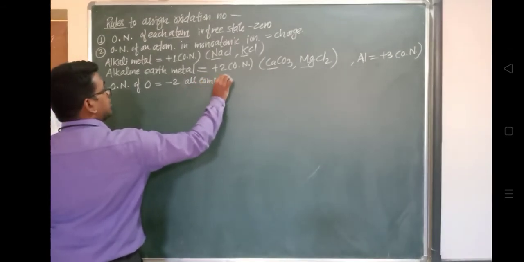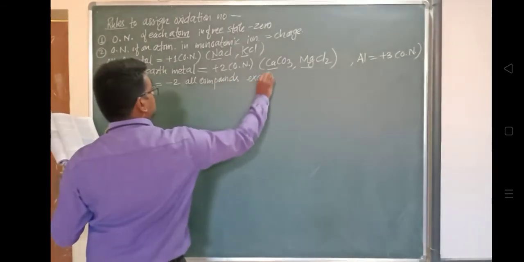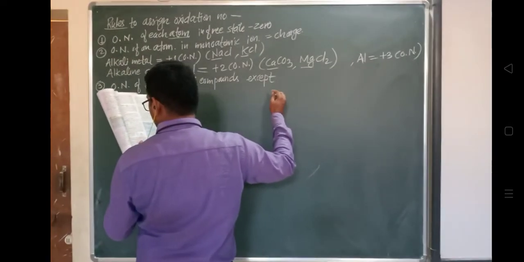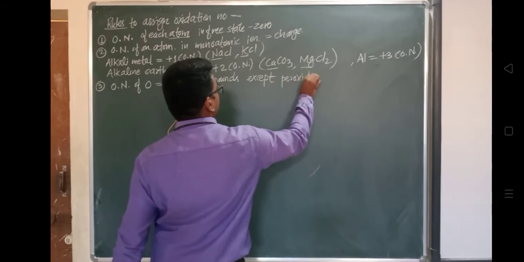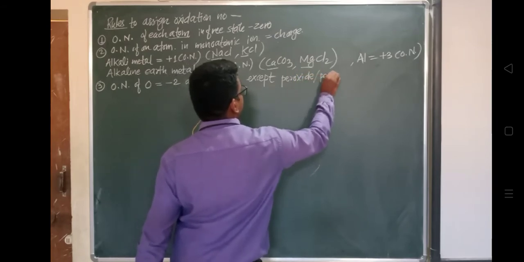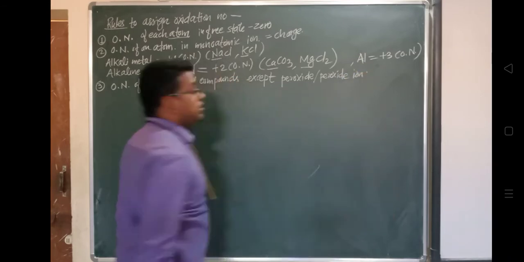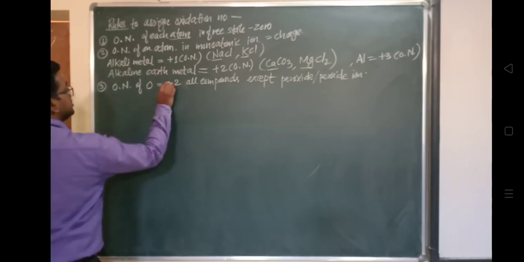Okay, but there are certain exceptions, except peroxides and peroxide ion, पेरोक्साइड आयन को छोड़ के, क्योंकि उनमें दूसरा ऑक्सीडेशन नंबर रहता है. Otherwise generally the oxidation number of oxygen is -2.